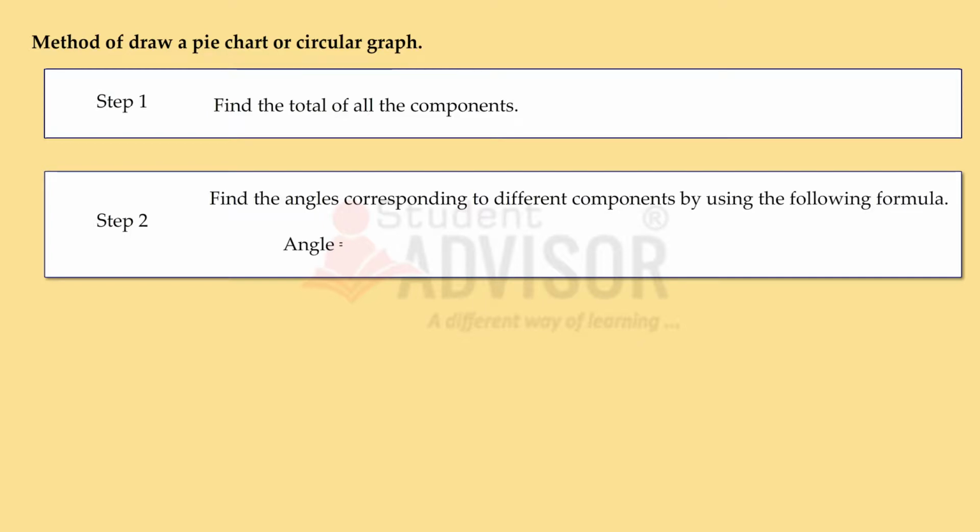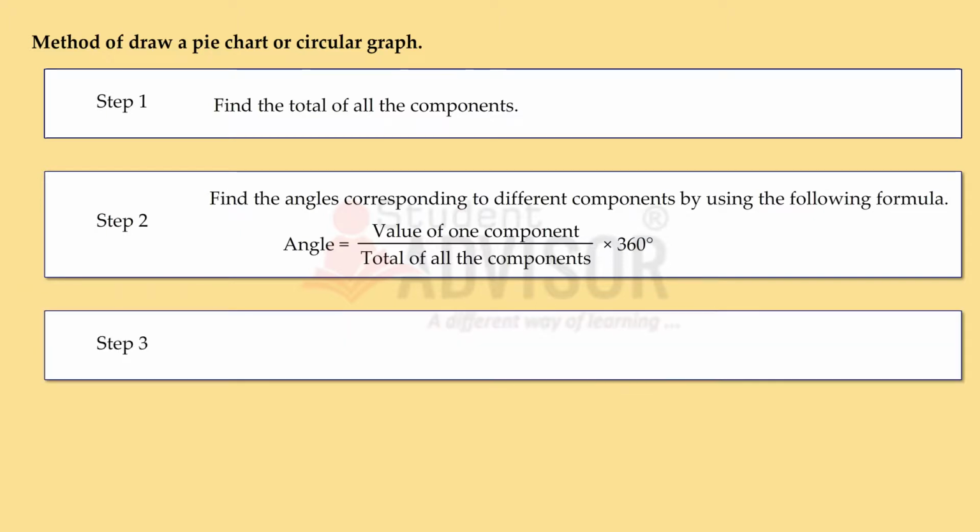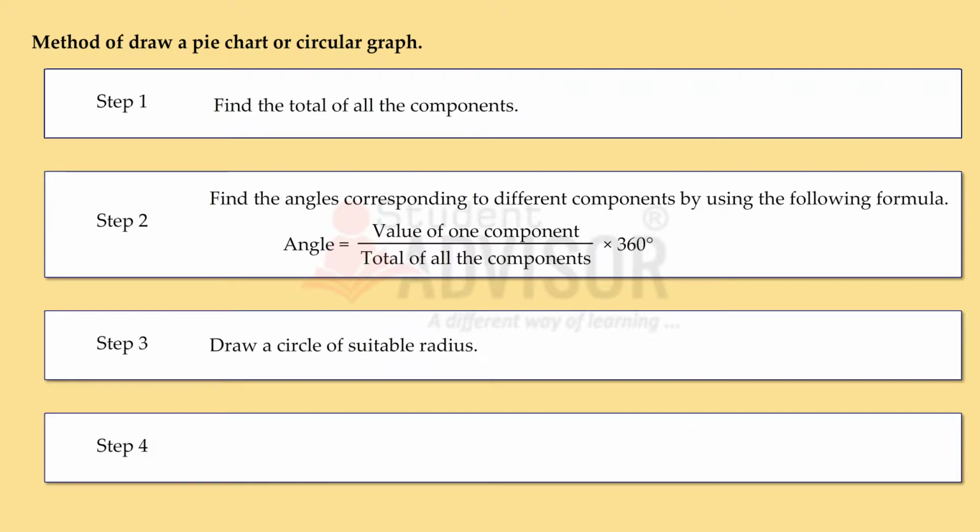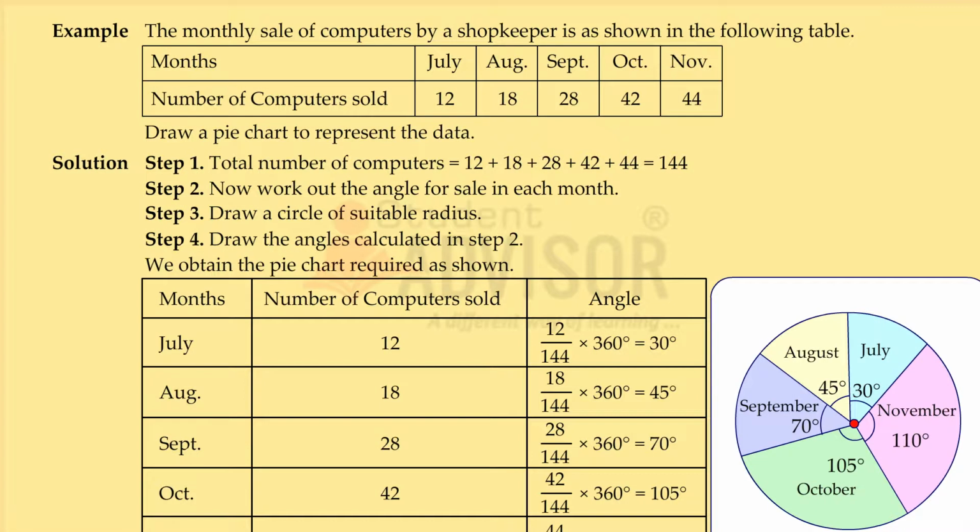Angle is equal to value of one component upon total of all the components, multiplied by 360 degrees. Step 3. Draw a circle of suitable radius. Step 4. Draw the angles calculated in Step 2 at the center of the circle. Study the given example.